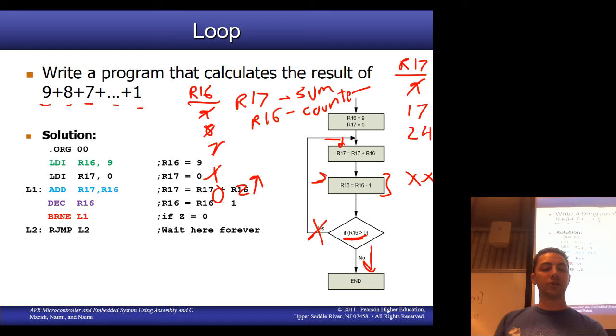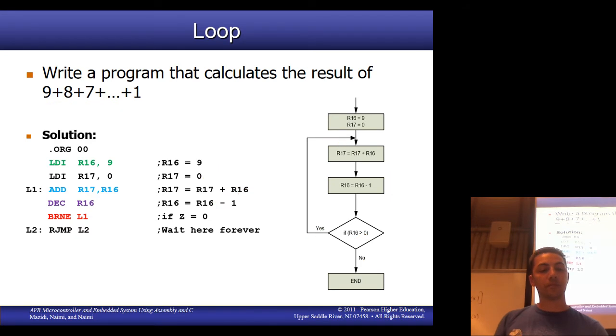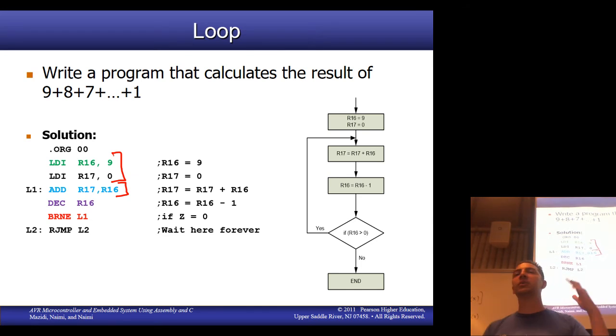So here's the solution to this. Here in our initial block, we have 2 LDIs. That's it. That's the only addition to the initial block. The actual body is almost the same as the last one, even though we didn't know why we were doing it back then. We're just using R17 to accumulate the result.